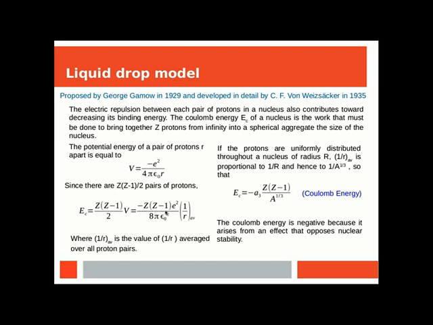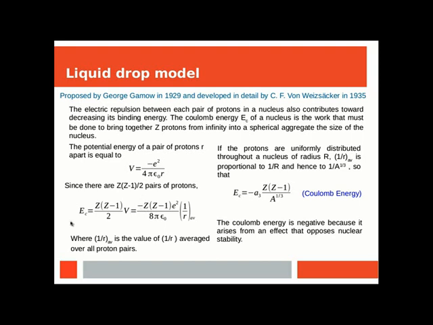Again, the Coulombic repulsion is trying to reduce the binding energy, or trying to destabilize the nucleus. So this is why Coulombic energy is also creating a negative effect, hence it shall be considered negative. This is why the negative sign has been put over here.